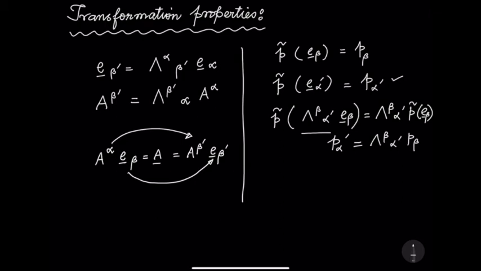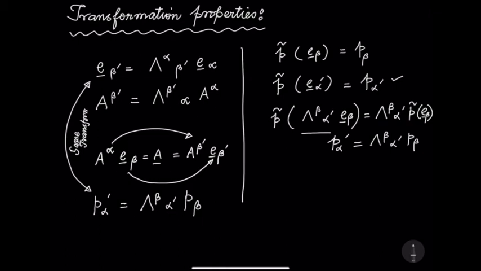So you realize that the transformation rule for the components of a one form is like this, which matches with the transformation rule of the unit vectors. Right?